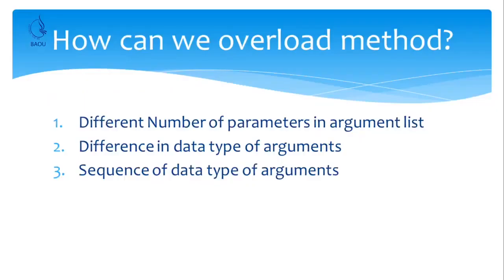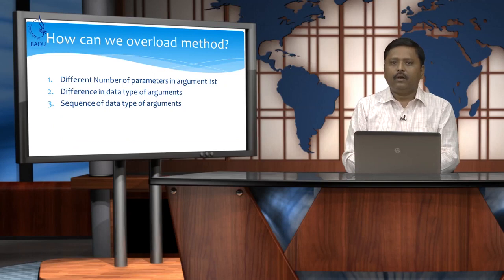The third way is to use a different sequence of data types of arguments. Suppose the parameters are the same and the types are the same; we can provide the user with the flexibility to provide data in any order.